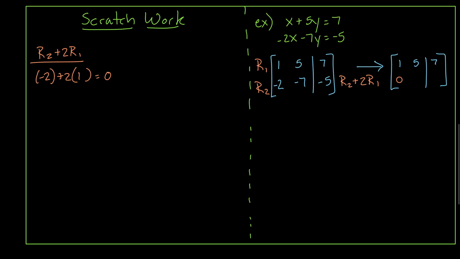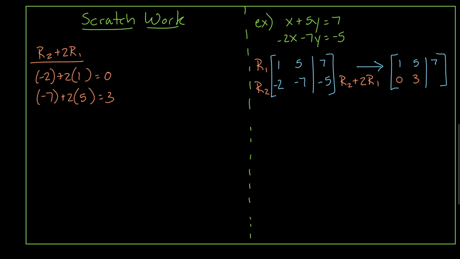Now, I need to do it for the y value and also for the constant. So, what is the y value of row 2? Negative 7 plus 2 times the y value of R1, 5. So what's negative 7 plus 2 times 5? 3. So I put a 3 there for my new y value.